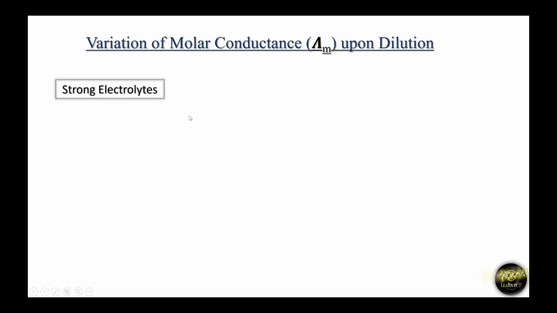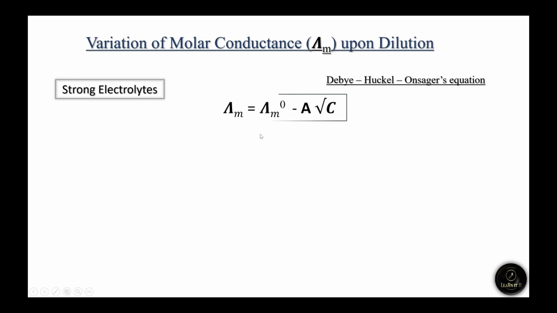Strong electrolytes obey the Debye-Huckel-Onsager equation, which is given as lambda m is equal to lambda naught m minus a into root c. Here lambda m represents molar conductance and c represents concentration. As the dilution increases, concentration decreases. So lambda m and c are connected by this formula.